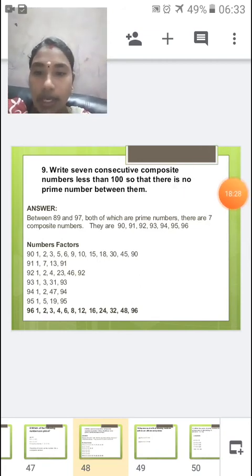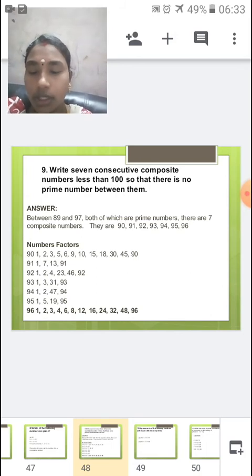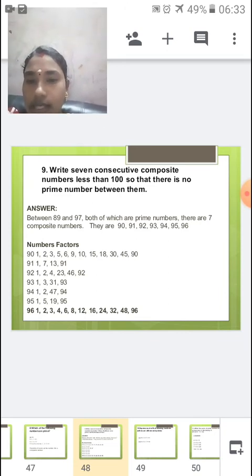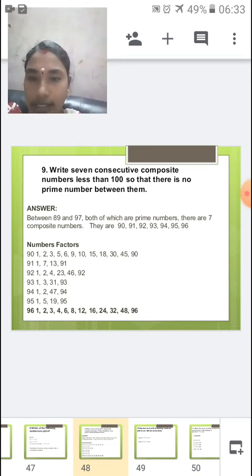In 91 we have 1, 7, 13 and 91. In 92 we have 1, 2, 4, 23, 46 and 92 as the factors.